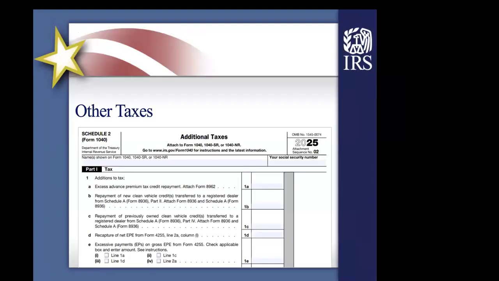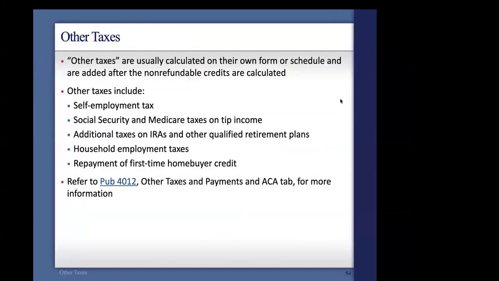Other taxes. Other taxes are usually calculated on their own form or schedule and are added after the non-refundable credits are calculated. Other taxes include self-employment tax, Social Security and Medicare taxes on tip income, additional taxes on IRAs or other qualified retirement plans, household employment taxes, and repayment of the first-time home buyer credit.